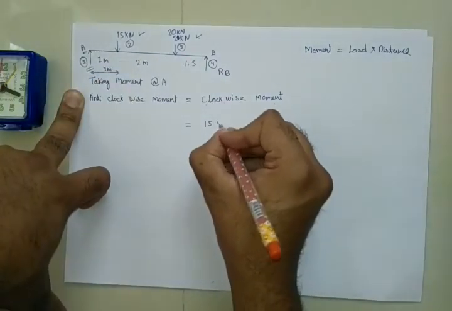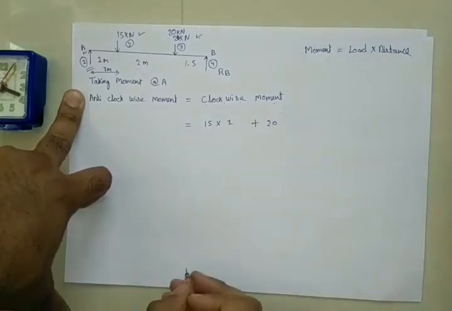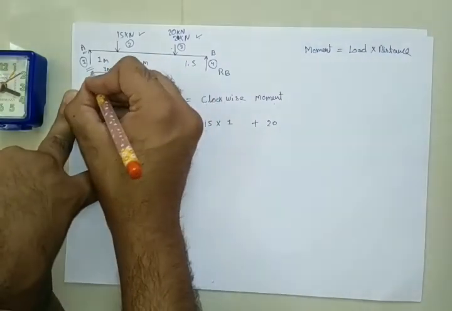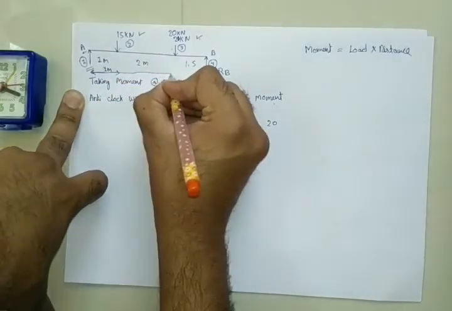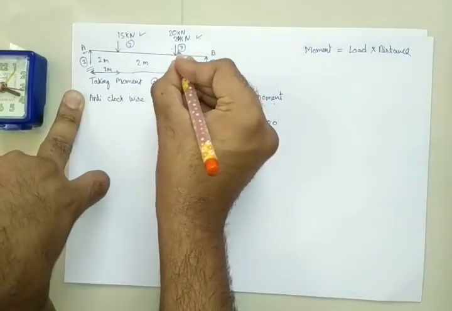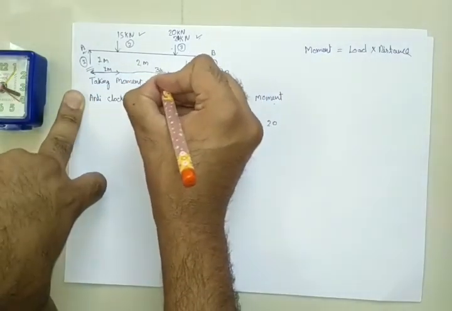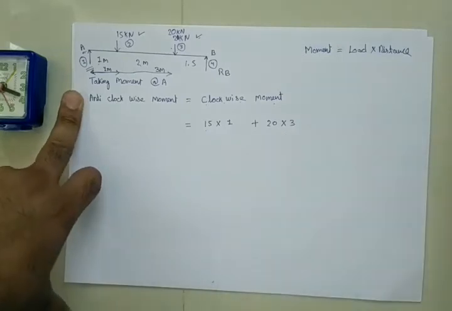So this is a load and distance is equal to 1. Now for this 20 kilonewton load, the distance from point A to the 20 kilonewton load is 1 plus 2, that is equal to 3 meter. So this will be into 3.